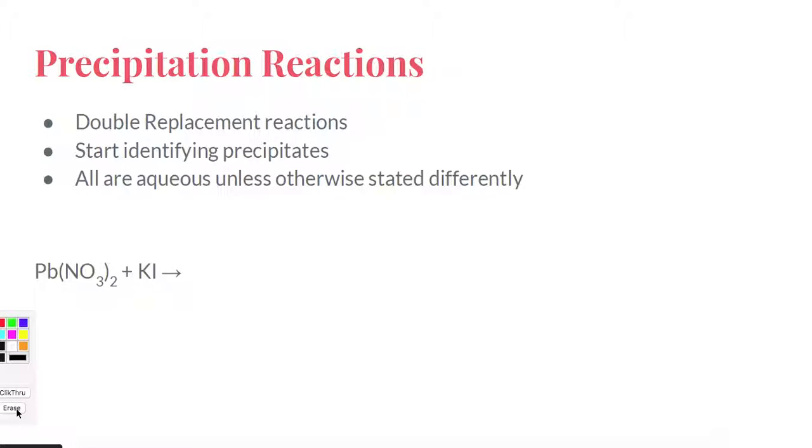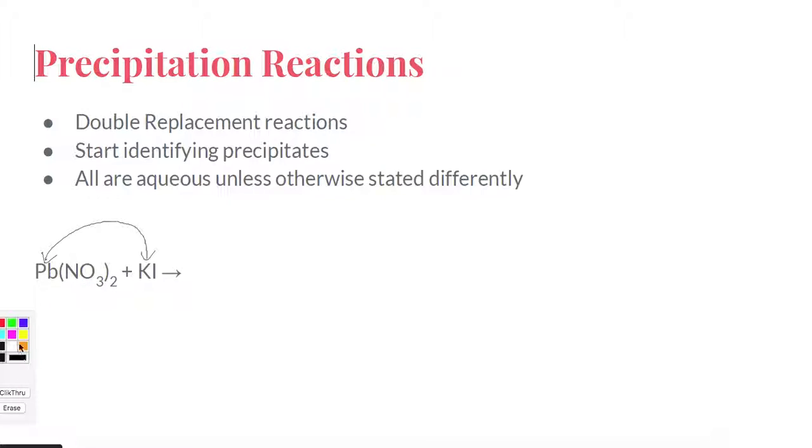Alright, so the first kind of reaction that we're going to look at is called the precipitation reaction, and precipitation reactions are a kind of double replacement reaction, and so we can work on double replacement reactions here by showing that the cation always gets swapped. And so we start looking at the two different parts here.